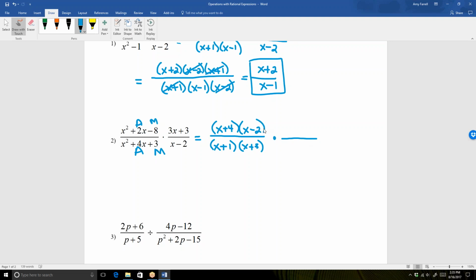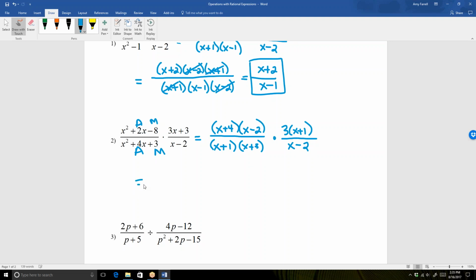Numerator of the second rational expression, to factor that, we can take out a GCF of 3, and we would have x plus 1 left. And then down here in the denominator of the second rational expression, I can't do anything with x minus 2. I can't factor it at all.